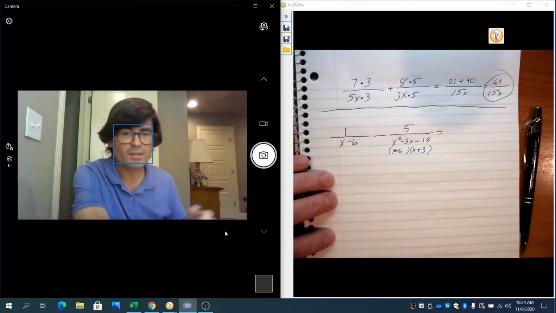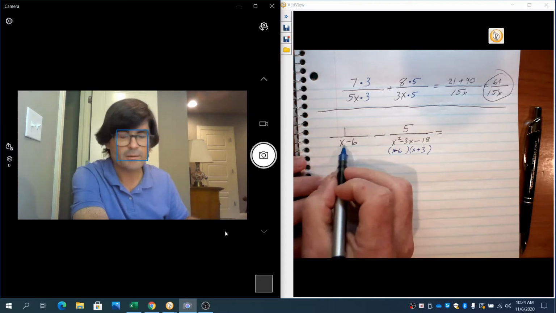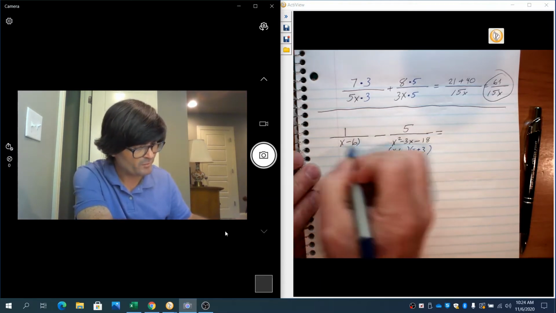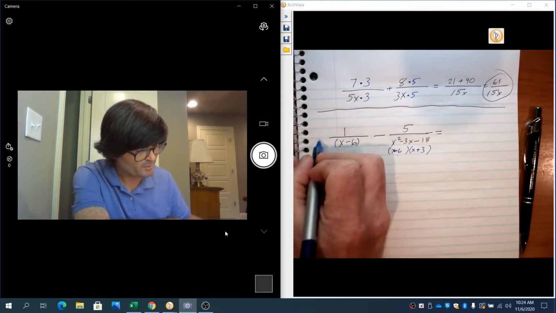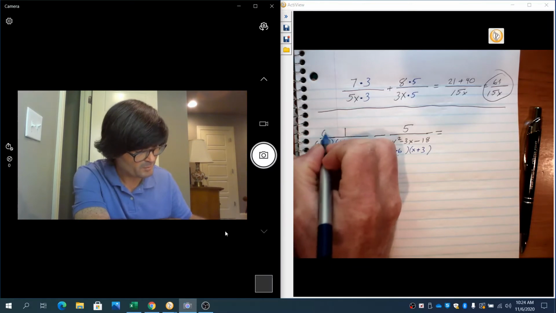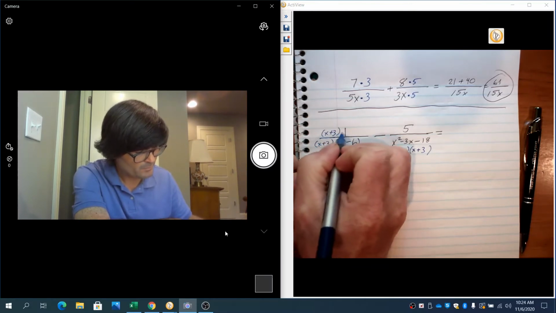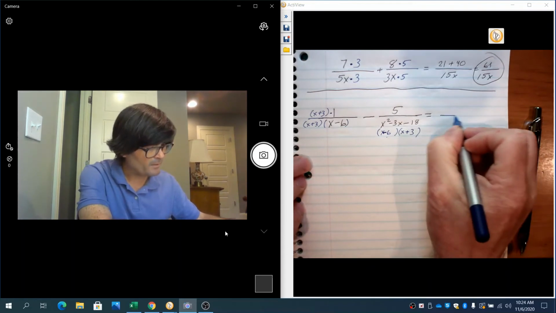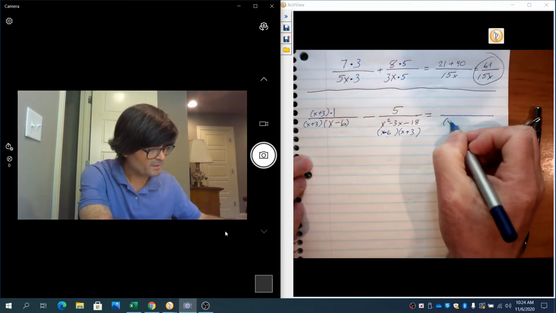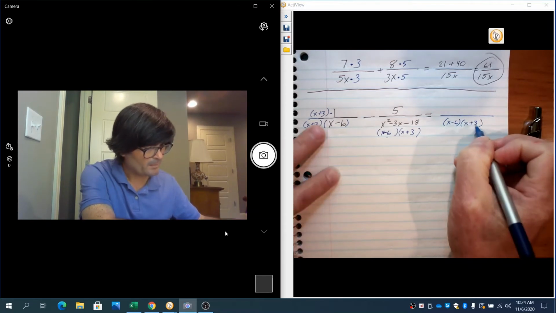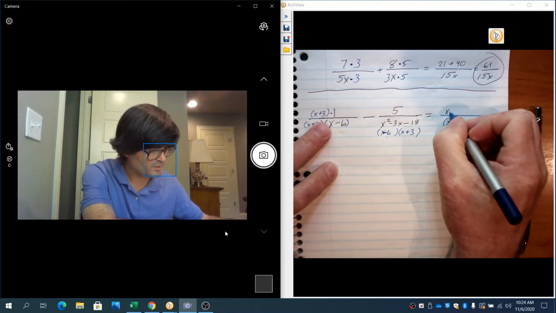So now, as we look at this denominator and this denominator, we both have x minus 6. We would like to have both x plus 3. So I'm going to sneak in here and multiply by x plus 3 over x plus 3. And now we will have a new denominator of x minus 6 times x plus 3. On top, x plus 3 times 1 is x plus 3.